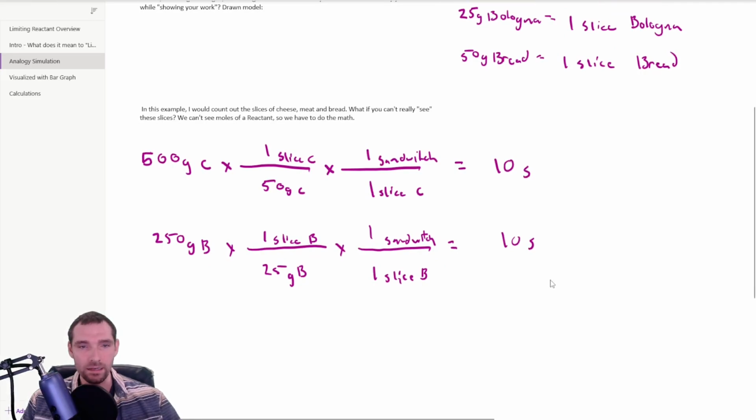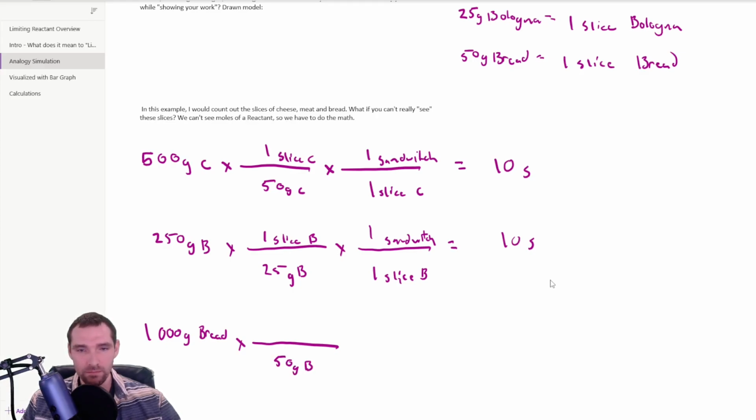And then we've got, I think it was, 1,000 grams of bread. And yes, I chose easy numbers on purpose. It just makes our lives easier. We said that 50 grams of bread was equal to one slice of bread.